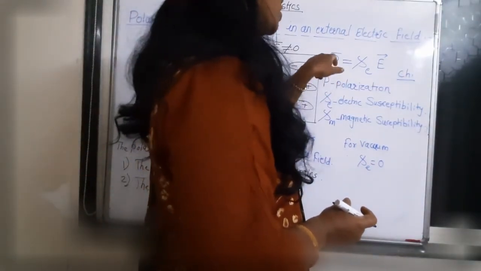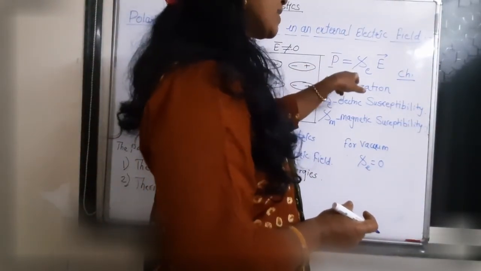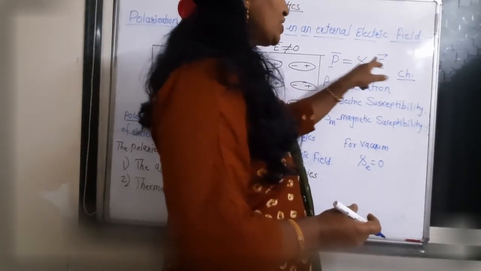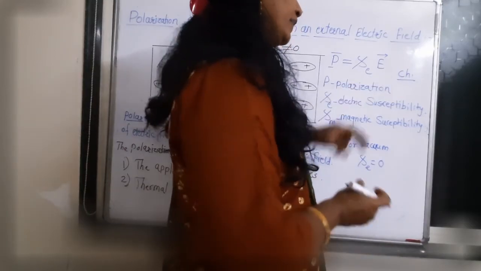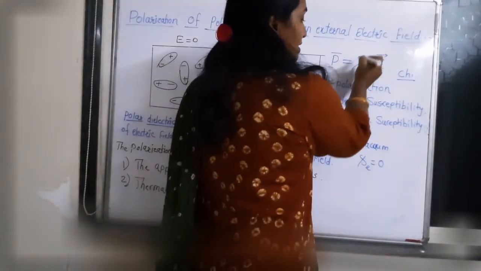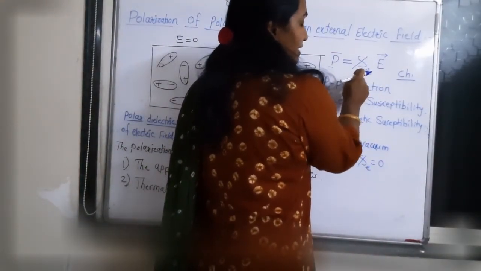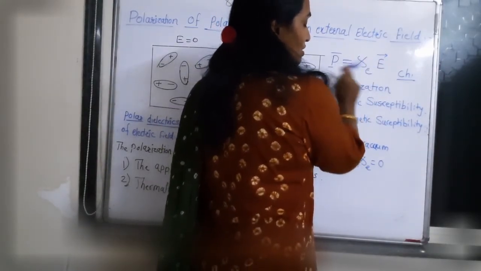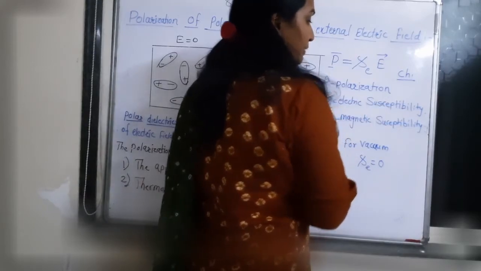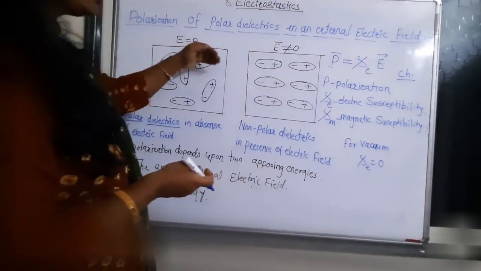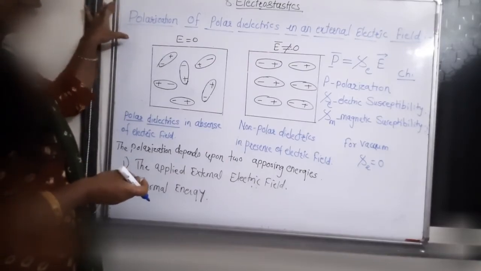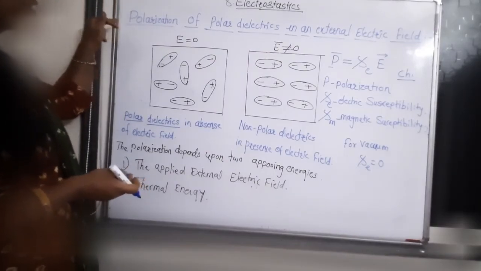The formula for polarization is chi E times E bar, where P is the polarization and E is the electric field, and chi is a constant called the electric susceptibility.